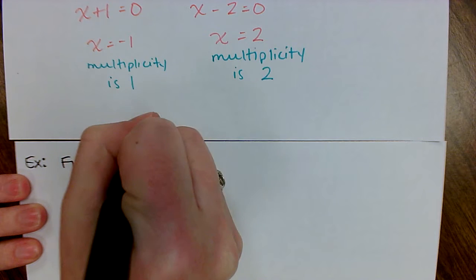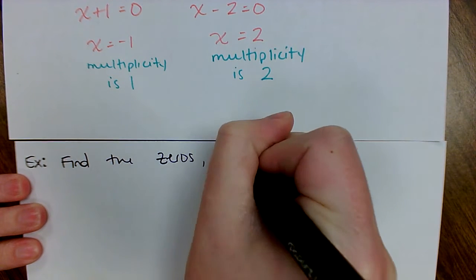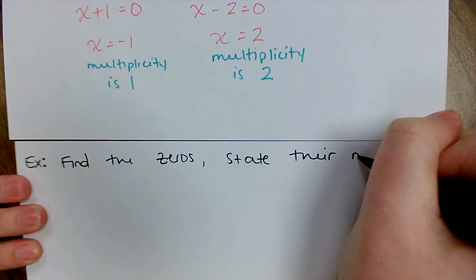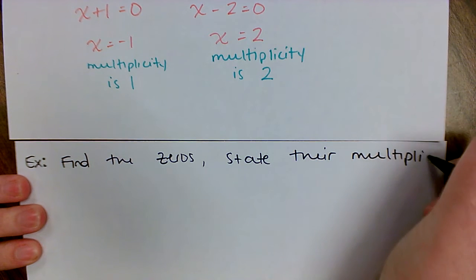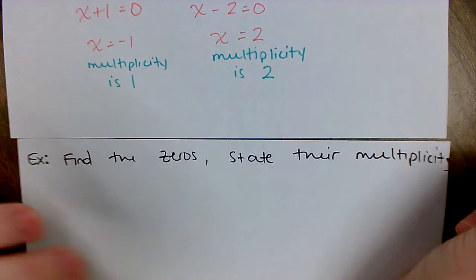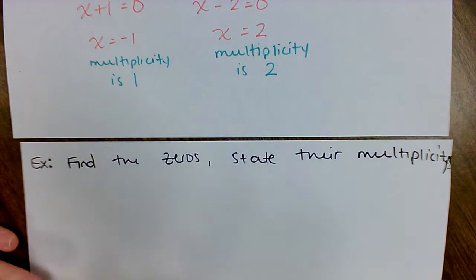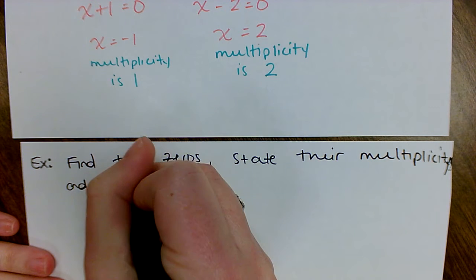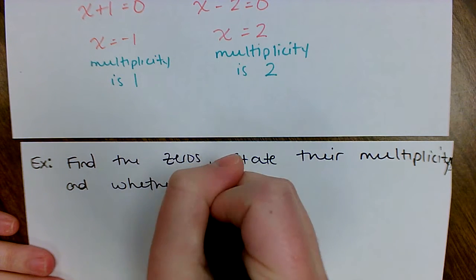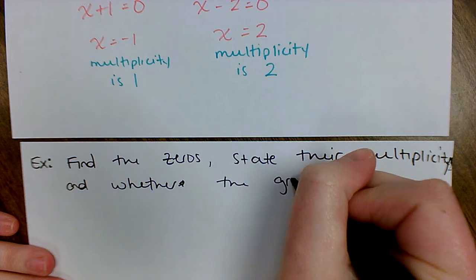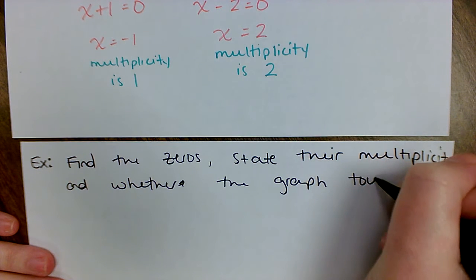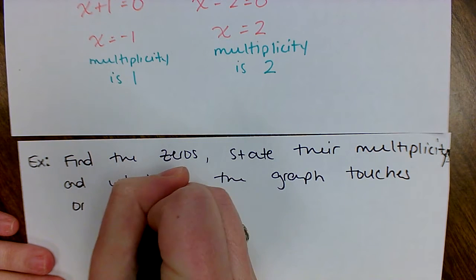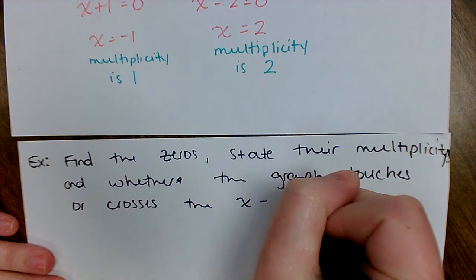Find the zeros. State their multiplicity, and whether the graph touches or crosses the x-axis.